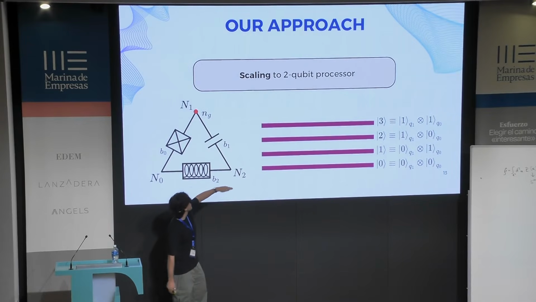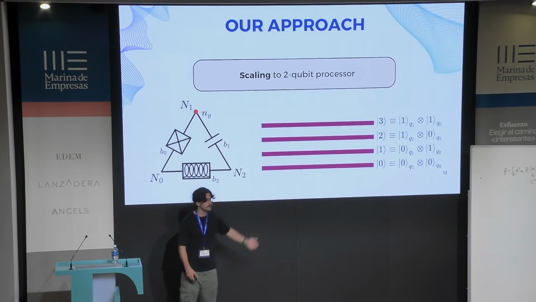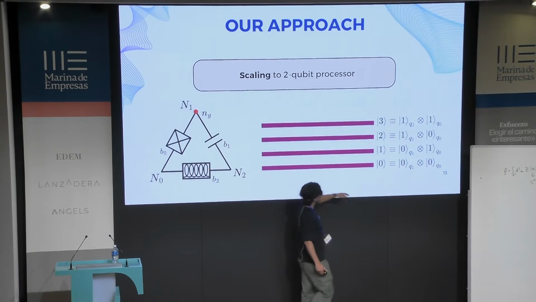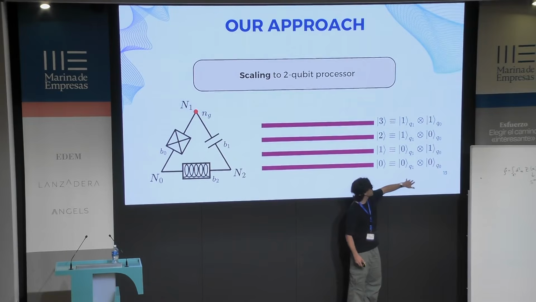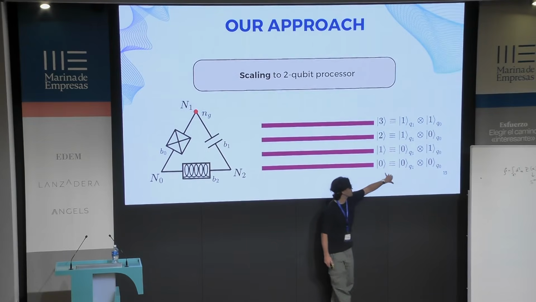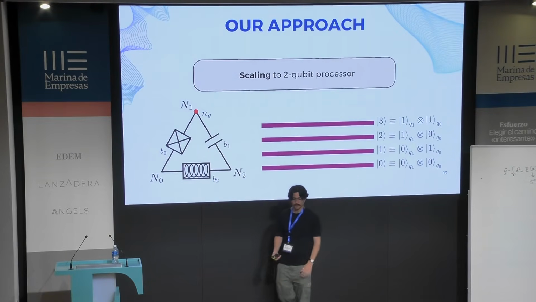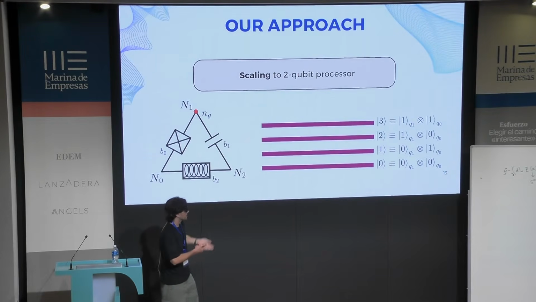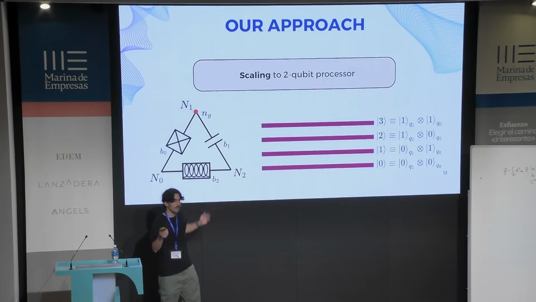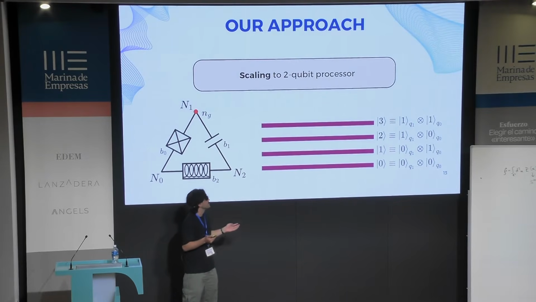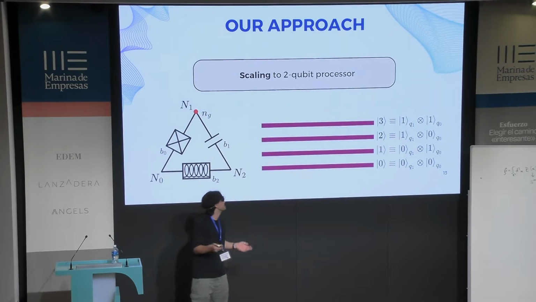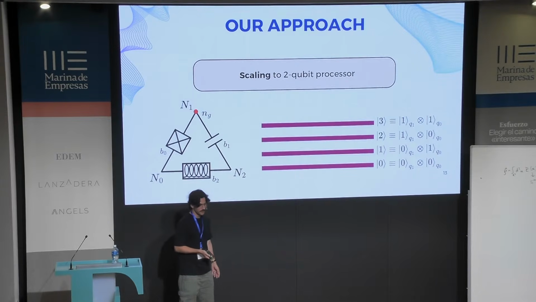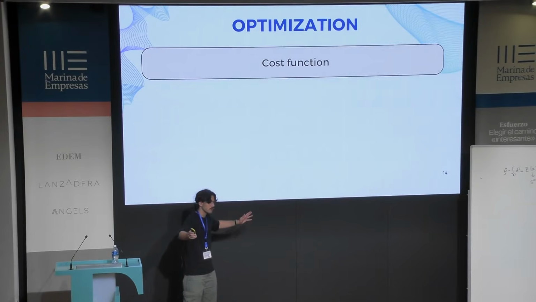We will design a 4-level system, and we will identify its energy levels as if they were 2 qubits: the 00, 01, etc., right? And that's another approach that hopefully enhances the connectivity or solves other problems, right?